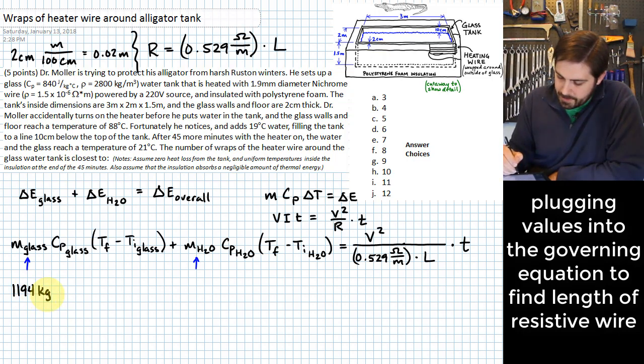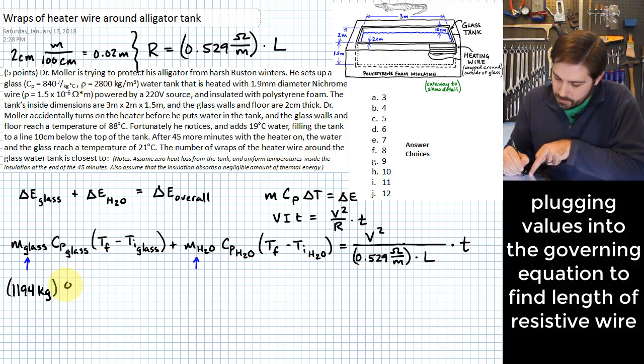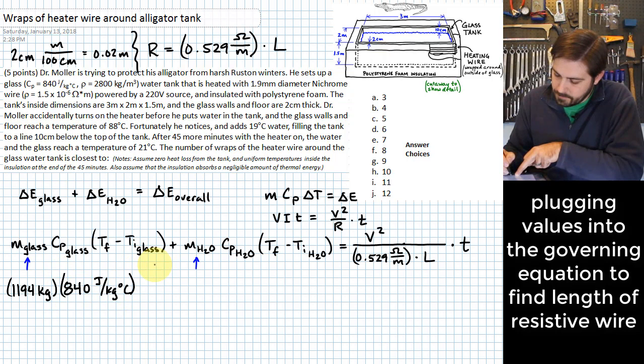Okay, we can plug in the specific heat for the glass, which was 840 joules per kilogram degree C. We can plug in our final temperature. Everything reaches 21 degrees C, so I'll put in 21 degrees C. And we'll subtract the initial temperature of the glass, which we are taking to be that temperature that it reaches right before the water is added. So that would be the 88 degrees C.